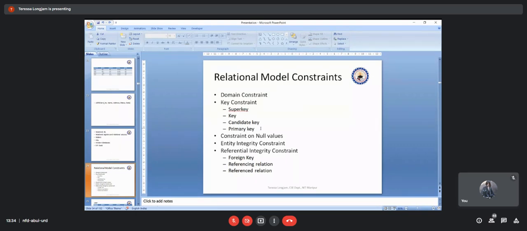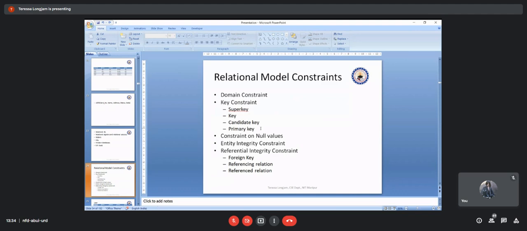That means all keys are super keys, but all super keys are not keys, isn't it? There might be some super keys from which, even if we remove one or two attributes, the definition of the super key still holds. Then those super keys are not keys. So just remember that keys are the minimal super keys.